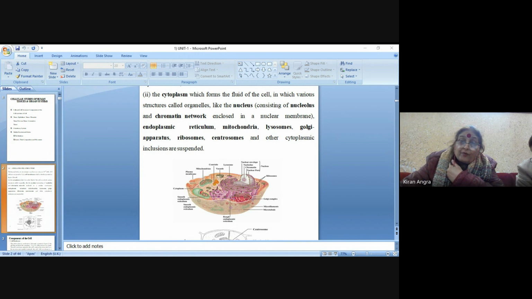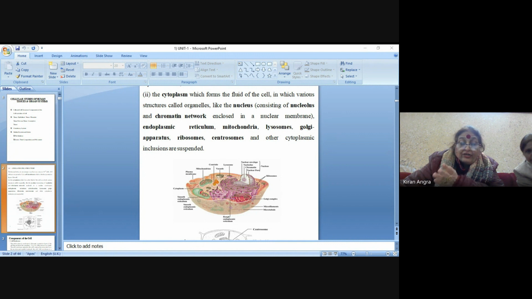The most important vital reactions, metabolism, meaning digestion of the food, the material which the cells absorb, take place in the cytoplasm. The cytoplasm is divided into two components: cytosol, which is the fluid portion of the cytoplasm and consists mainly of water plus dissolved solutes and some suspended particles. This is the liquid fluid part.